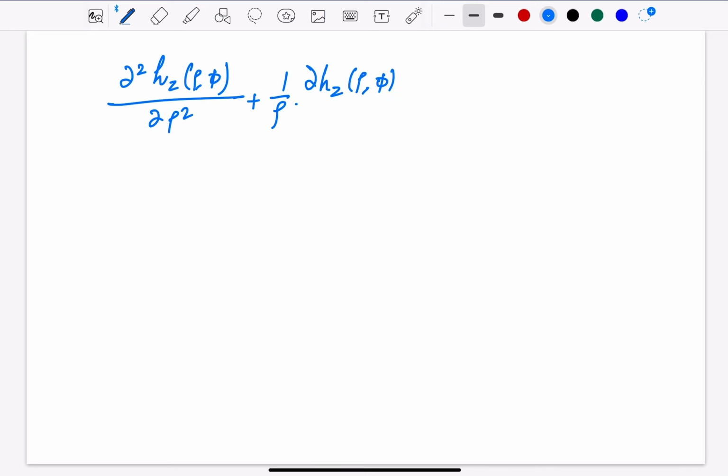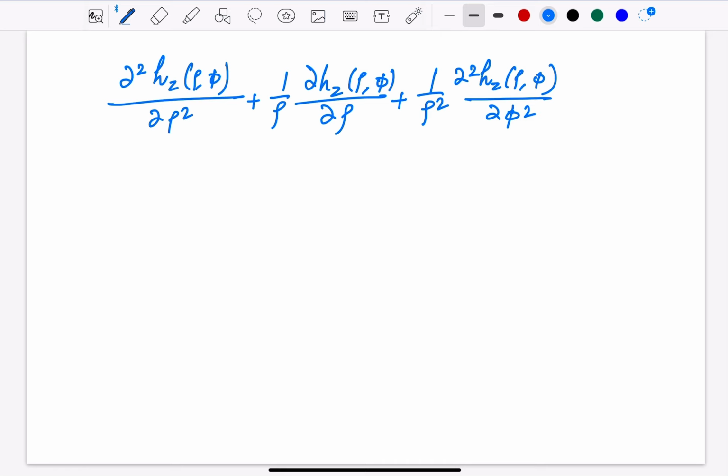The moment you insert this hz, a function of rho, phi, it will look like this: dou square hz of rho, phi over dou rho square, plus 1 upon rho dou hz over dou rho, plus 1 upon rho square dou square hz of rho, phi over dou phi square.